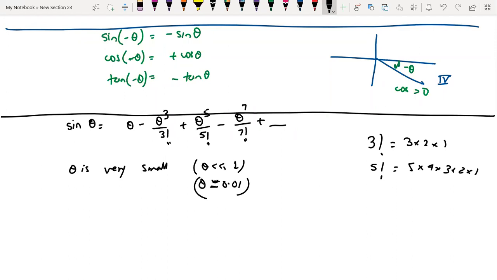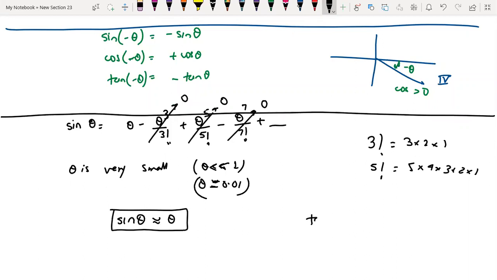For all these very small values of theta, when theta is very small than 1, only the first term is appreciable, and the rest will all be neglected. Higher order terms will become almost equal to 0 because theta is very, very small. So this is a trigonometric approximation.